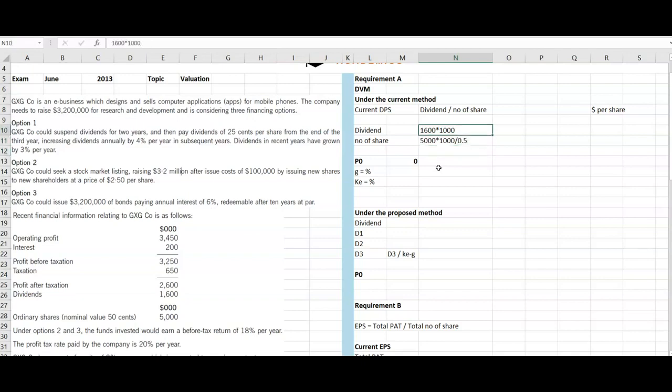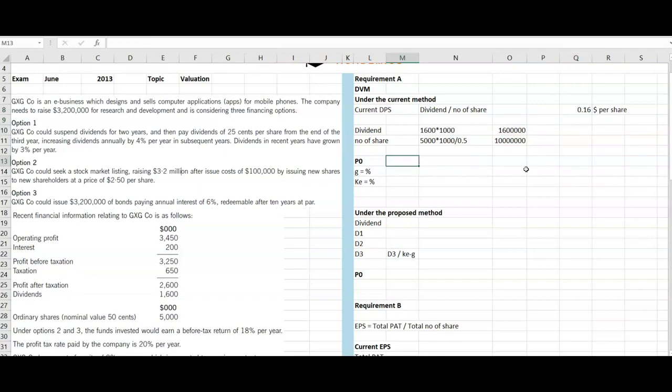So this will give us the number of shares. This is our total dividend, and this is our number of shares. Our dividend per share will be dividend divided by number of shares. So 0.16 is our dividend.